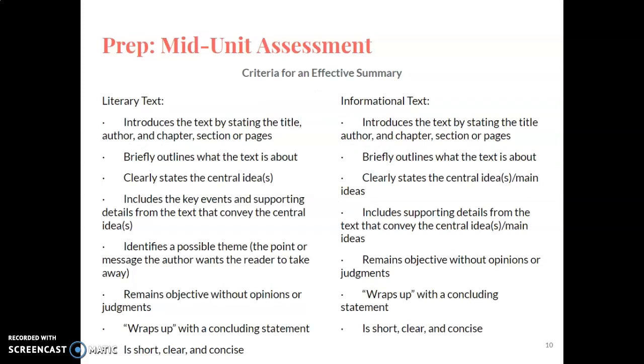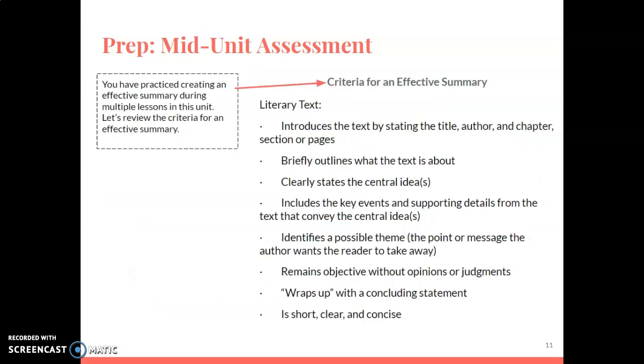For this assessment, one of our questions is going to be talking about creating an effective summary. There are two different texts you're going to read, and the summaries vary based on which text it is. If you're reading a literary text, you're going to introduce the text by stating the title, author, chapter, section, or pages. Briefly outline what the text is about.